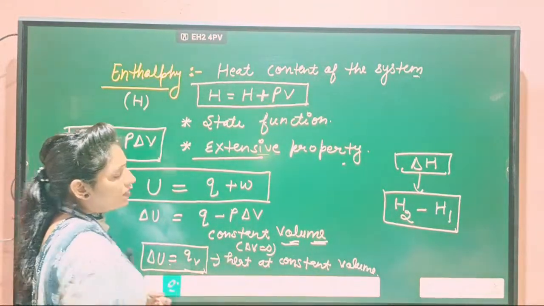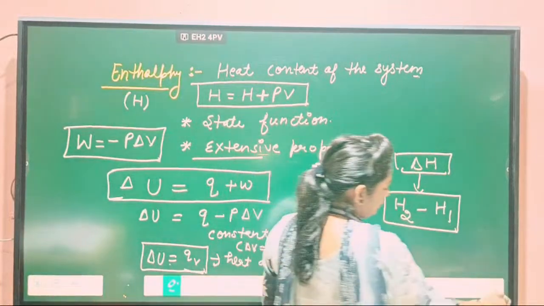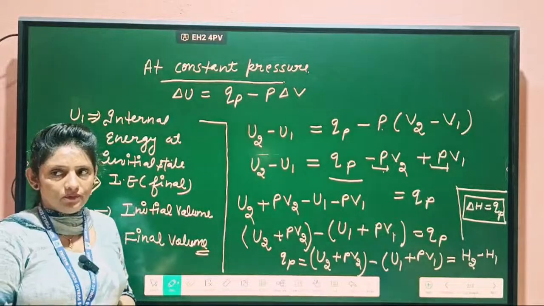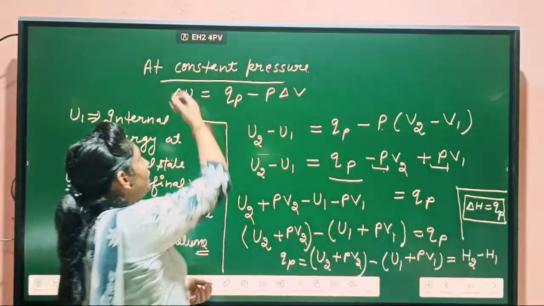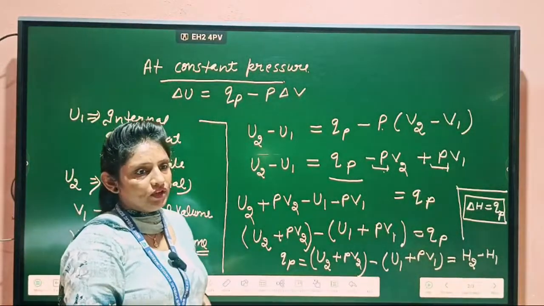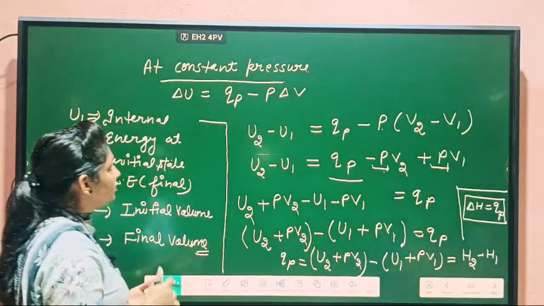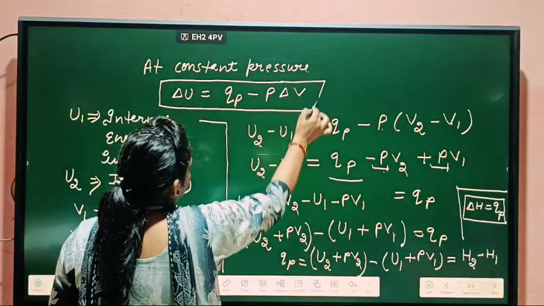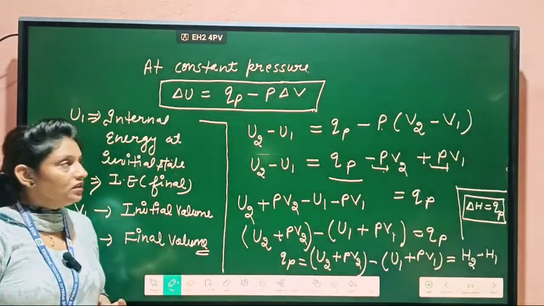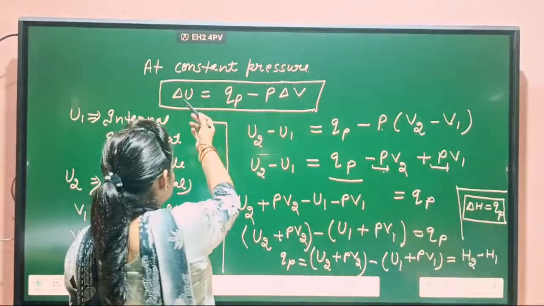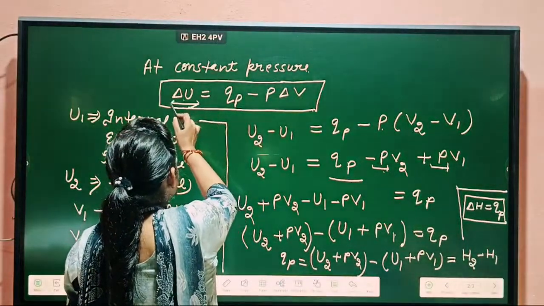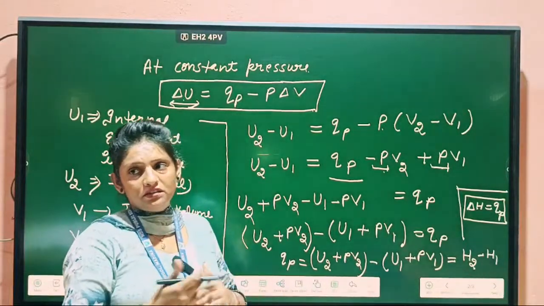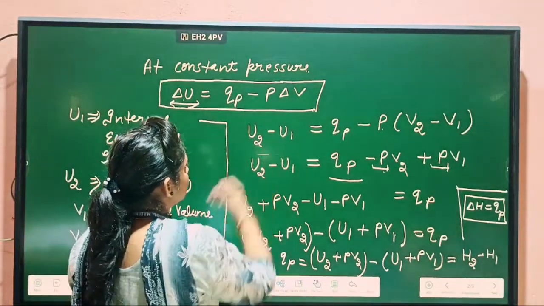But all reactions are not possible at constant volume only. Sometimes we can take constant pressure also. If you take constant pressure, then you can write the first law of thermodynamics in this way. Here this is change in internal energy, means final internal energy minus initial, so U2 minus U1.